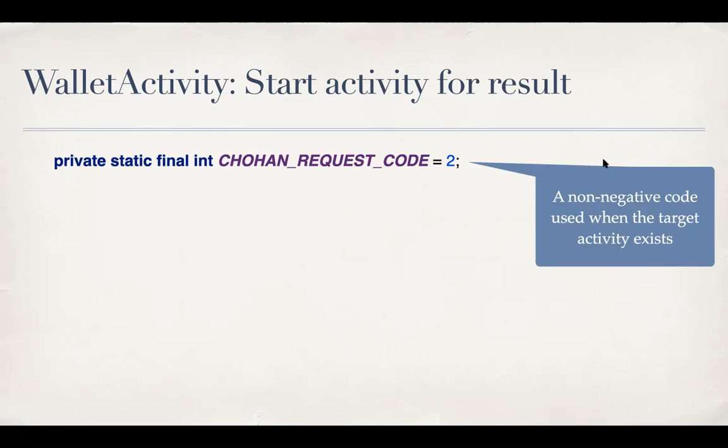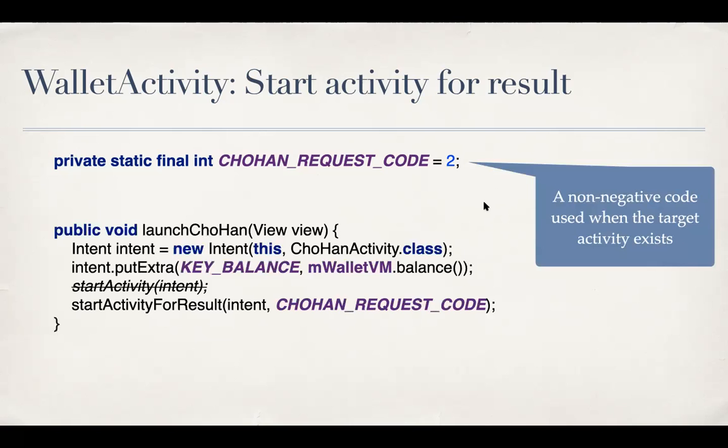Sorry, it should have been exits, not exists. So when the target activity exits or returns, you should get this code back. And we fix the launch button's behavior by removing the start activity intent and replacing it with start activity for result, passing in the intent and this integer.